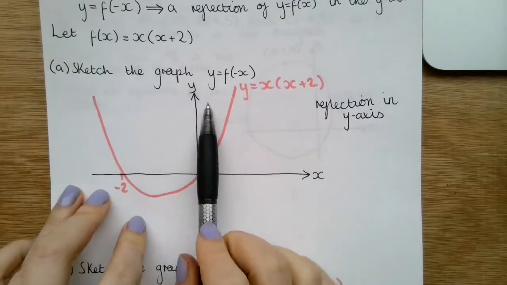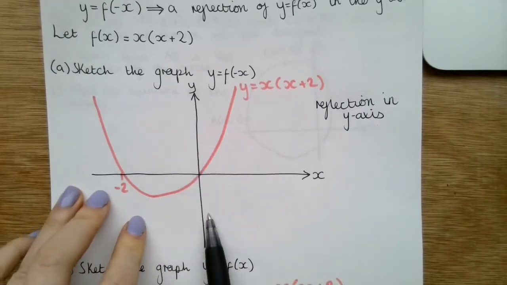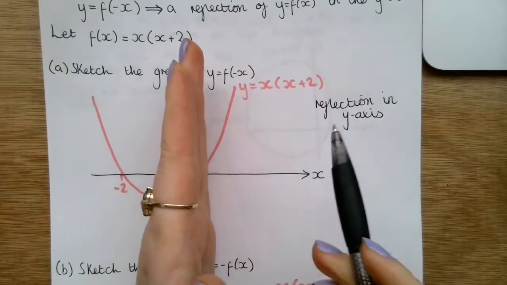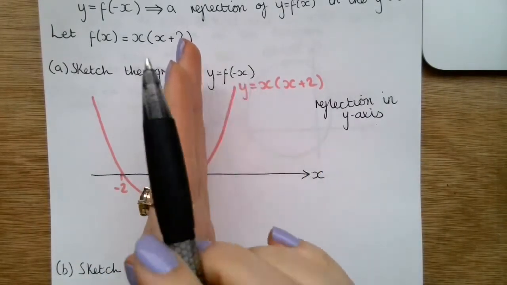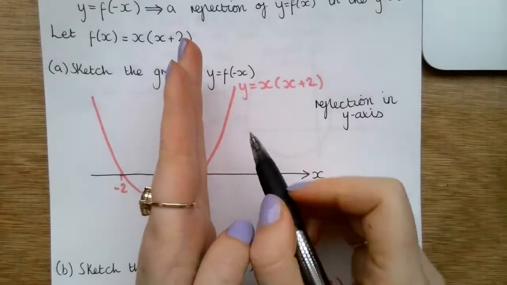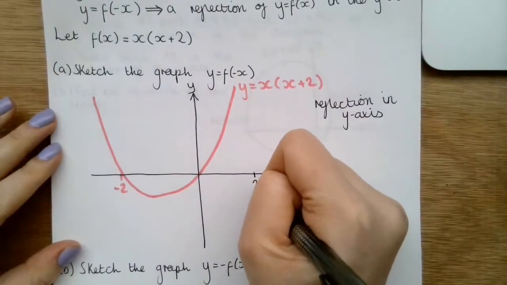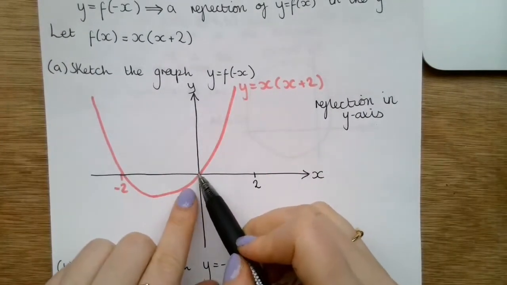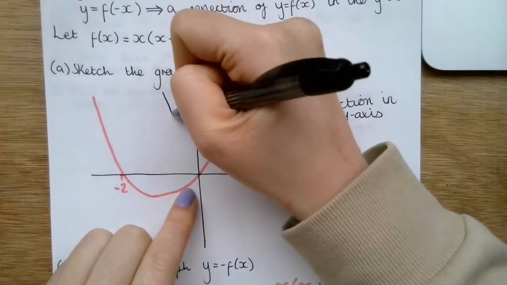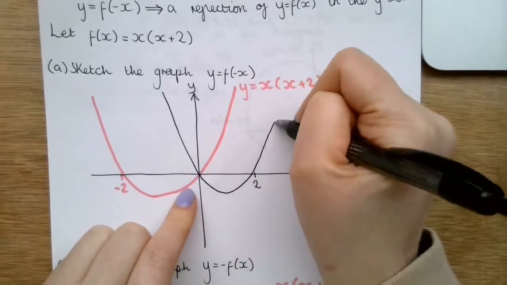So it's as if we've got a mirror lined up on that y-axis, and we're going to flip everything, we're going to reflect everything through that mirror line. So the root that is at minus 2 is now going to be at positive 2, and this root here, that's going to stay at the origin. So we end up with something like that.